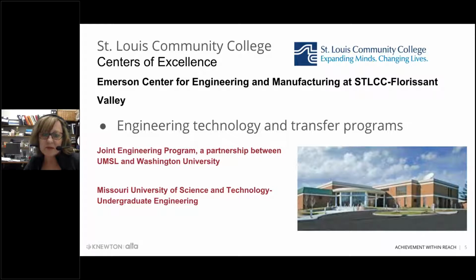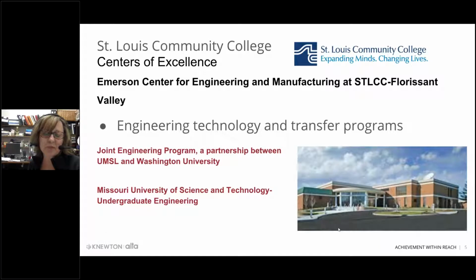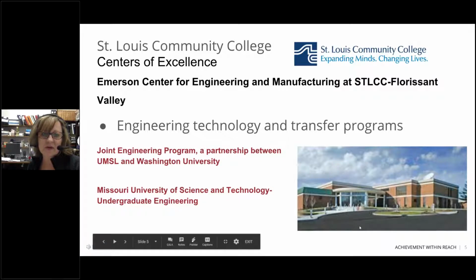Our students typically transfer either to the Missouri University of Science and Technology in Rolla, Missouri, one of the finest public engineering schools in the country. Also into a joint engineering program, really a partnership between the University of Missouri St. Louis and Washington University here in St. Louis.